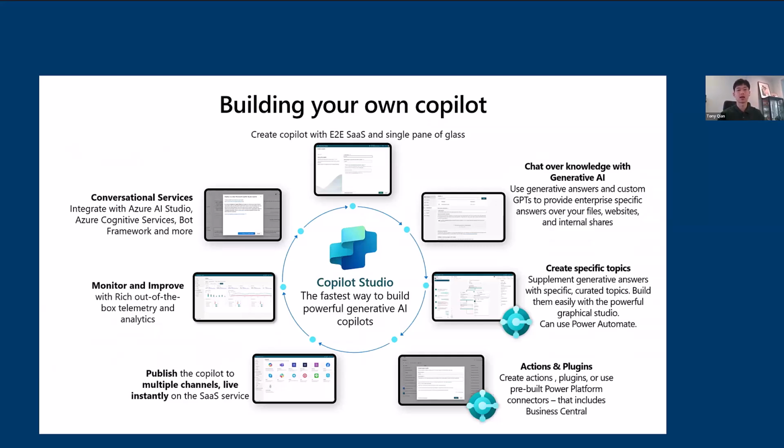So Copilot Studio allows you to do a variety of different things. It can easily pull data from any website and understand the context of that. So you don't really need to train Copilot Studio to be intelligent enough to answer your questions.